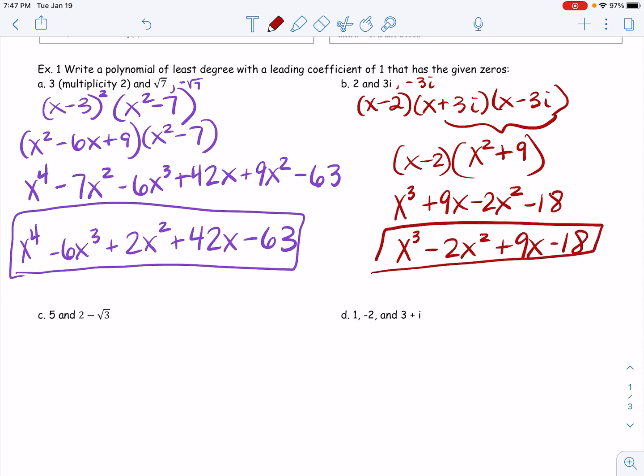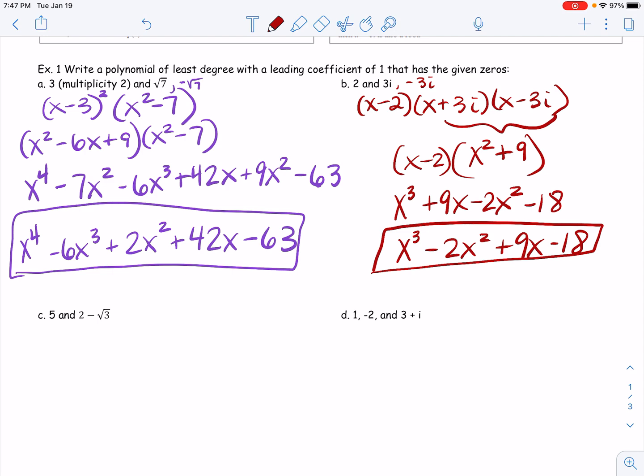Still have a leading coefficient of 1. It's in standard form. There's my polynomial. That's going to give me zeros of 2, positive 3i, and negative 3i. Degree of 3, 3 zeros. 2 of them are imaginary, 1 of them is real. Going back to A, 2 of them are irrational, 2 of them are rational. They're all real. All 4 of them are real. It's just that 2 are irrational and then the other 2 are rational.